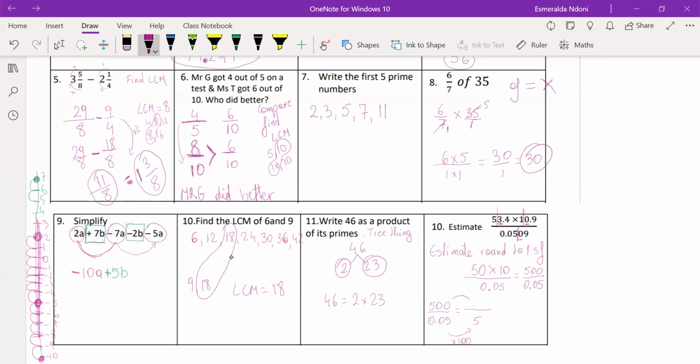We've done equivalent fractions: whatever we do to the top, we do to the bottom. 500 times 100 is 50,000, so 2 zeros for the 100 and then 2 zeros for the 500. Now we do this calculation and the answer is 10,000. And that is our final answer.